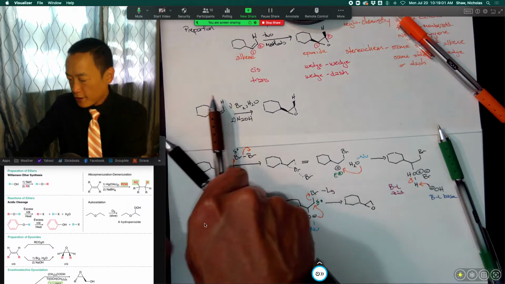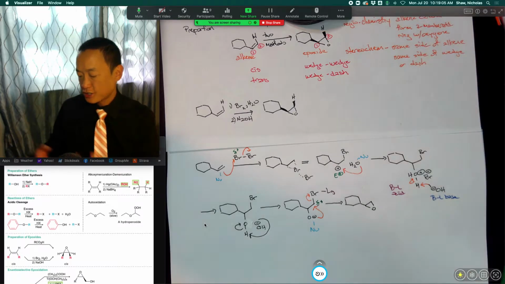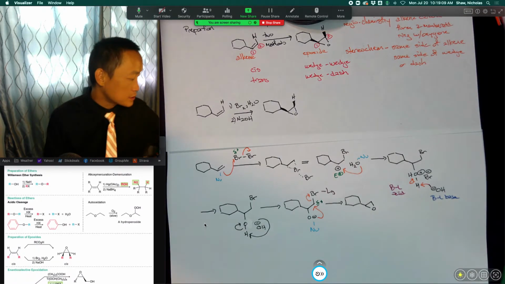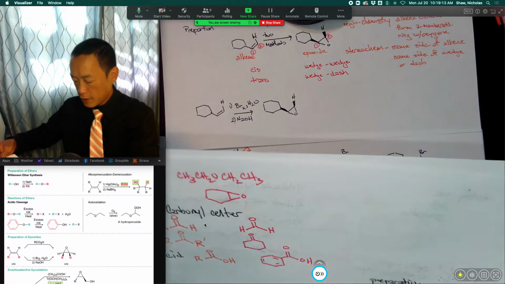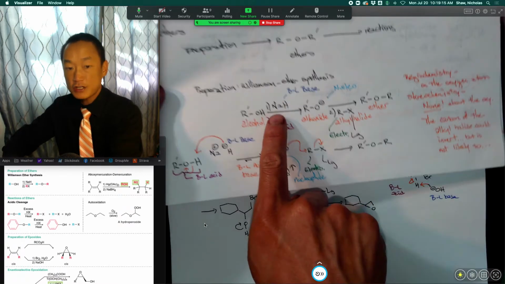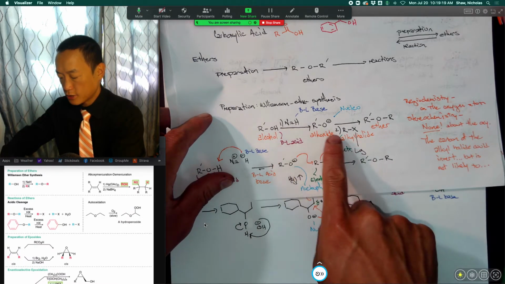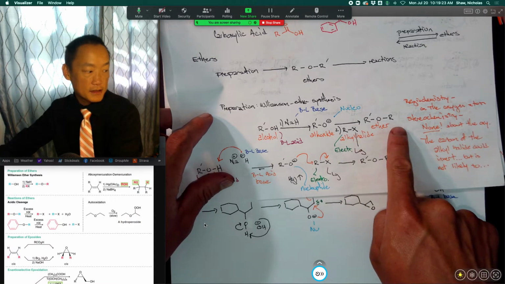And so that set of reaction conditions, mechanistically, it's really the same as our Williamson ether synthesis. We have deprotonation, and then addition of the alkoxide to an alkyl halide to make an ether.